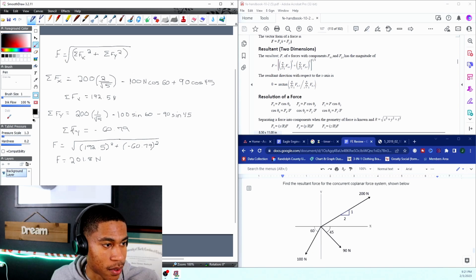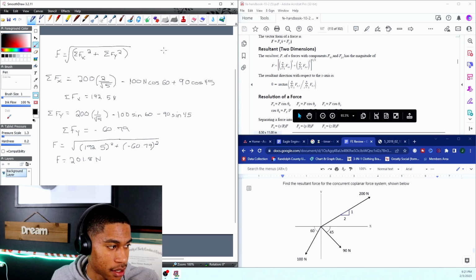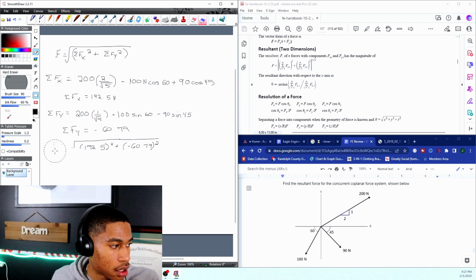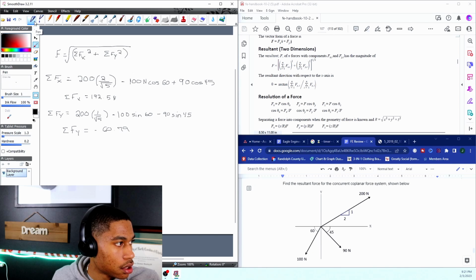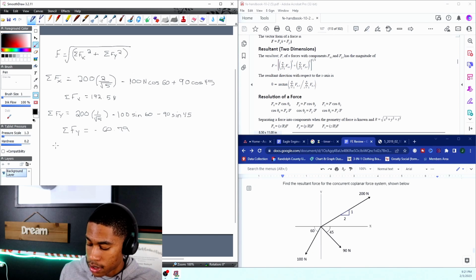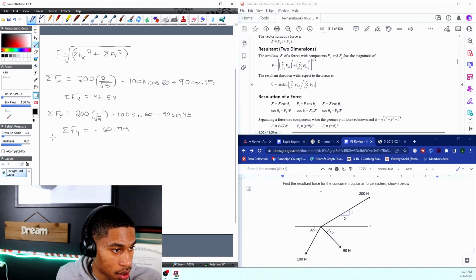We have the sum of the forces in the y. We know what arctan is, so we can do this problem. So let's erase that resultant force. We know what that force is. All right, let's get the direction.